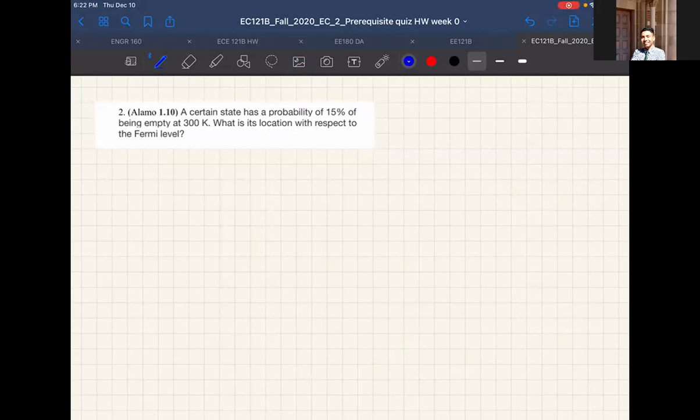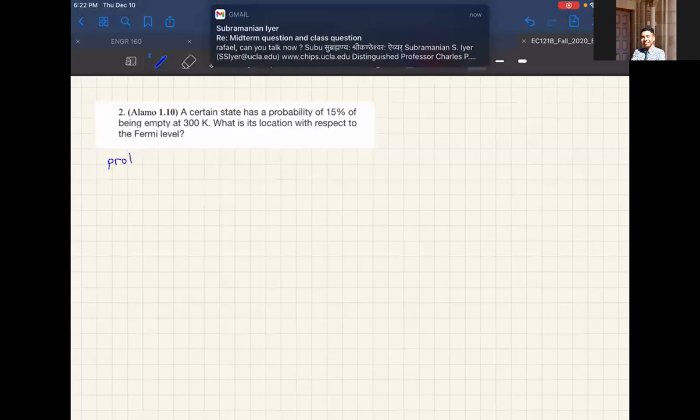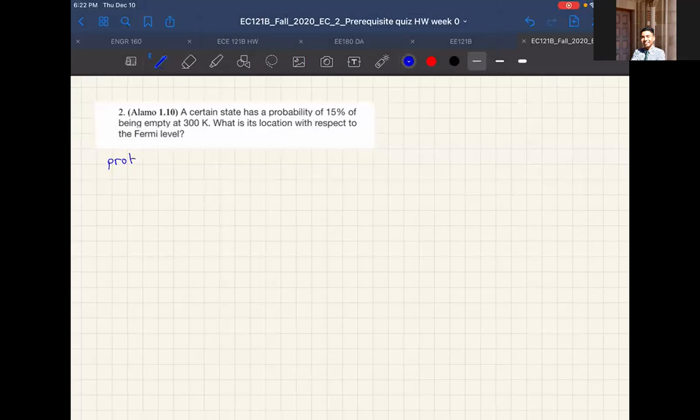Do you guys know the probability of the state being occupied? Because if you know that, you could figure out the probability of it being empty.